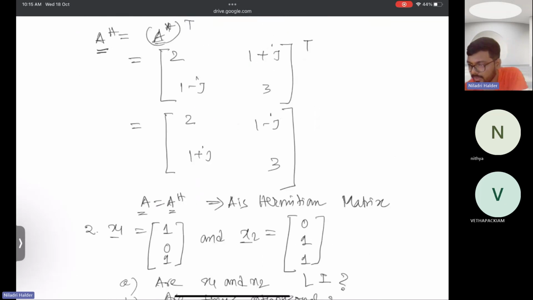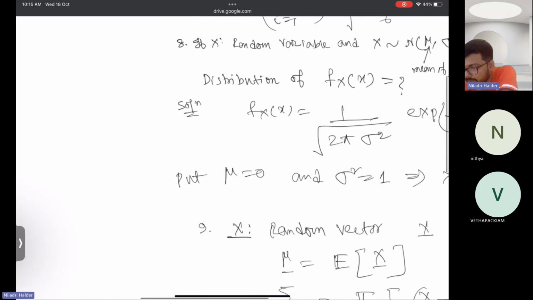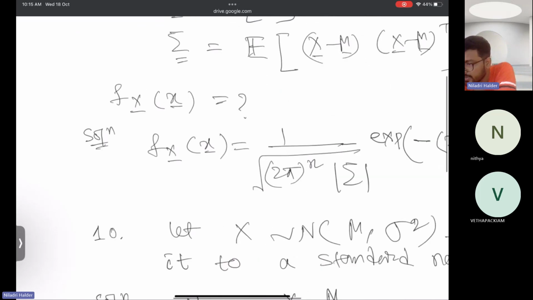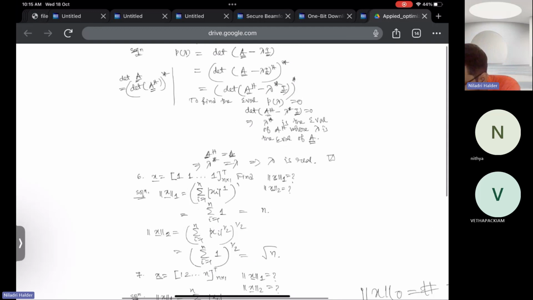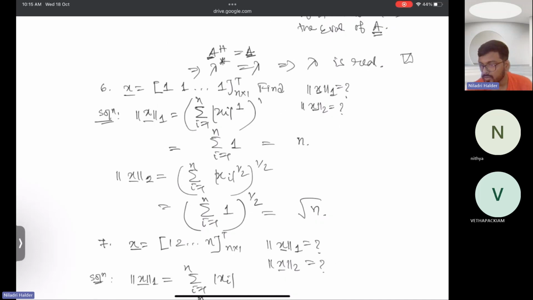So that is the LP norm definition. So just taking p equal to 1 will give the L1 norm, and then p equal to 2 will give the L2 norm. So these are the L1 and L2 norms. L1 norm is just the summation of all the absolute values, so it is giving n, and then the L2 norm is equal to root n.